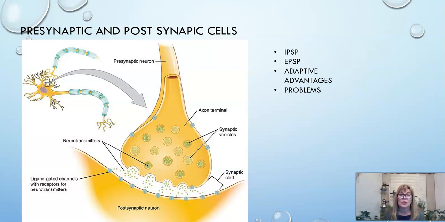So inhibitory postsynaptic signaling and excitatory postsynaptic signaling, those are IPSPs and EPSPs. So it's basically kind of like a tug of war, and whichever one has the most signaling molecules come in, it's either going to send that signal forward or it's going to just die out.